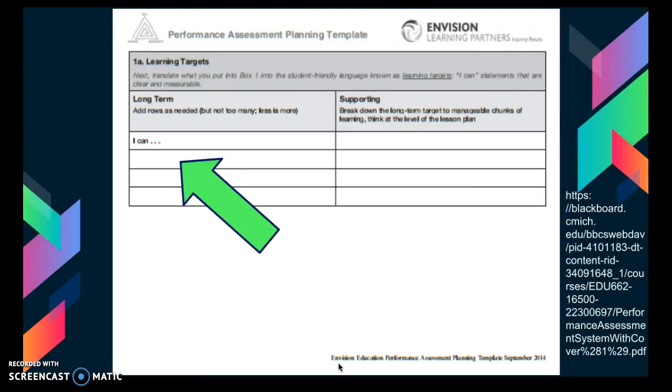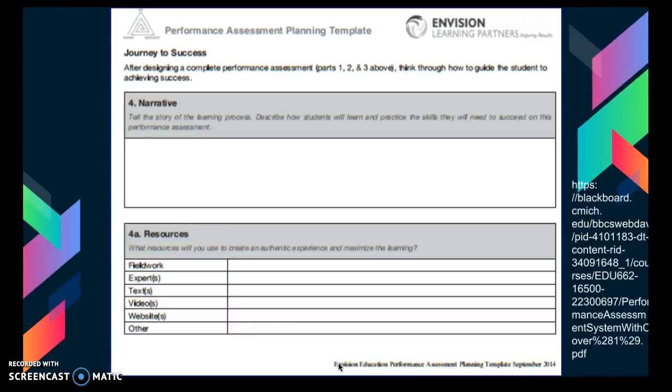Another thing I like is that it also has a section for accommodations and modifications. I think it's extremely important to think about all students when creating performance assessments. Also, in 4A, it asks for real-world experiences, an authentic experience, and for world language, our standards require us to use real-world experience in our performance assessment.